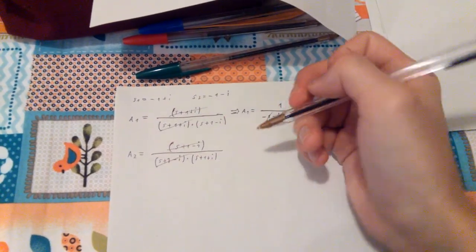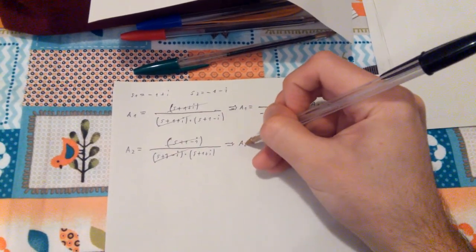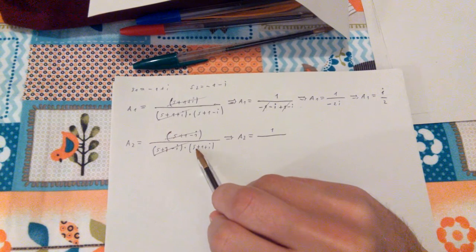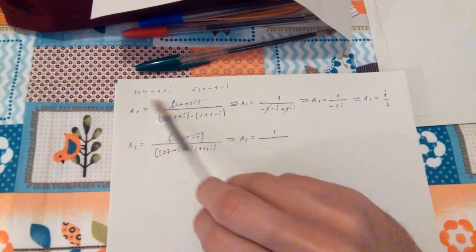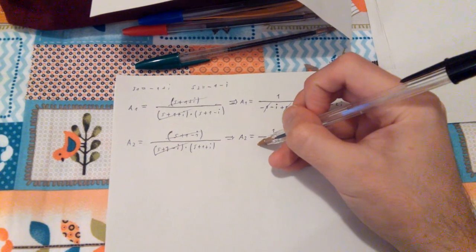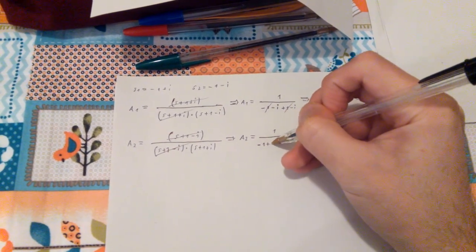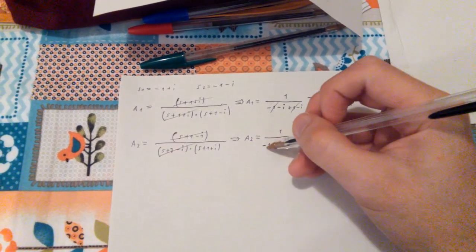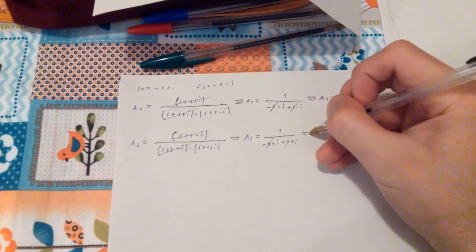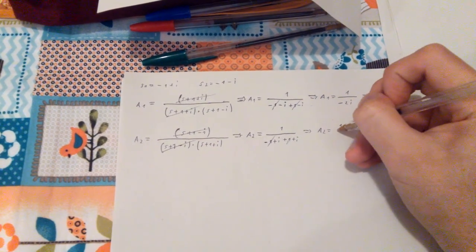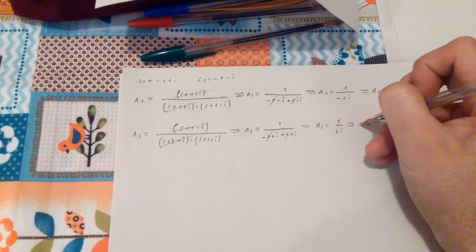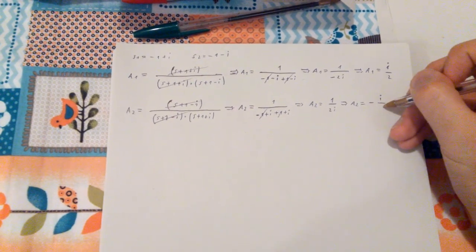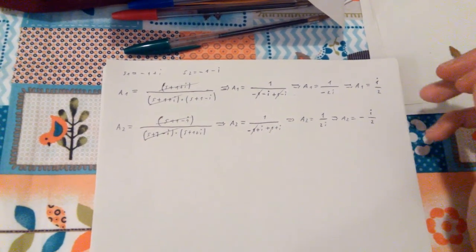Those two cancel, and I get A2 equal to 1, and then we substitute s with the value of s1, negative 1 plus i. So we get negative 1 plus i plus 1 plus i. Negative 1 plus 1 cancel, and we get A2 which is 1 over 2i, which is like saying negative i over 2, sorry.